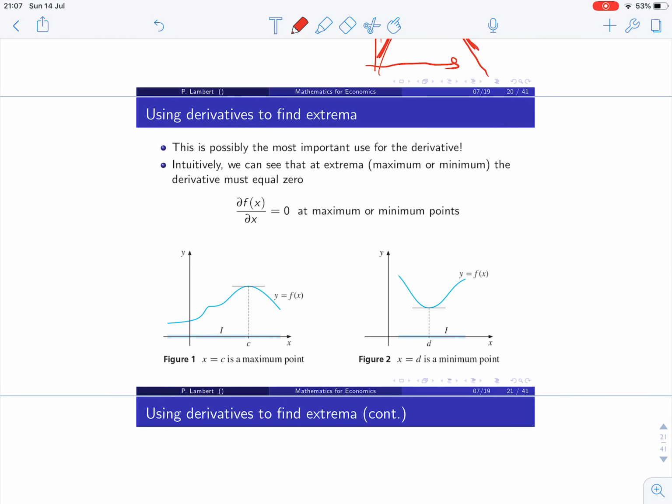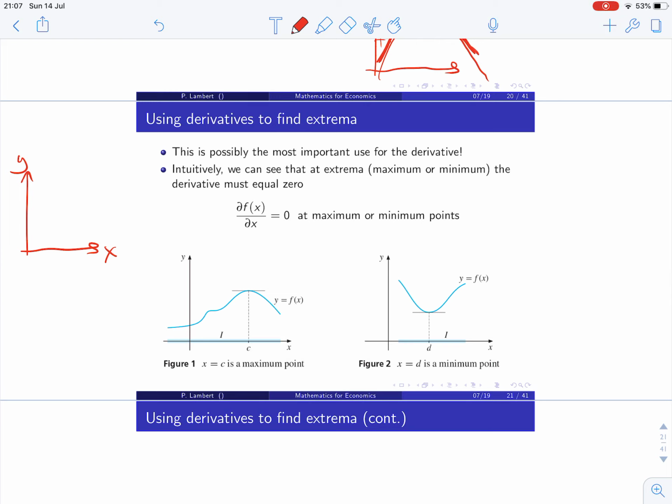Another reason we like taking derivatives is because we can use them to find these extrema points. One of the cool things about derivatives is that if we're given some function, we often don't exactly know what value y is our maximum value.